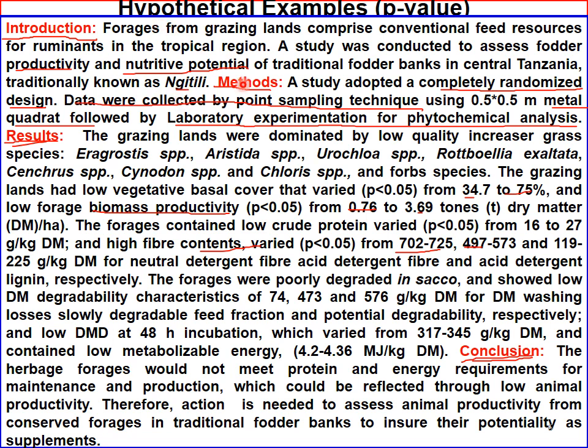This is in Africa. So this was the overall idea of the study. Why did he conduct this study? Because forage from grazing lands comprises conventional feed resources for ruminants in the tropical region.